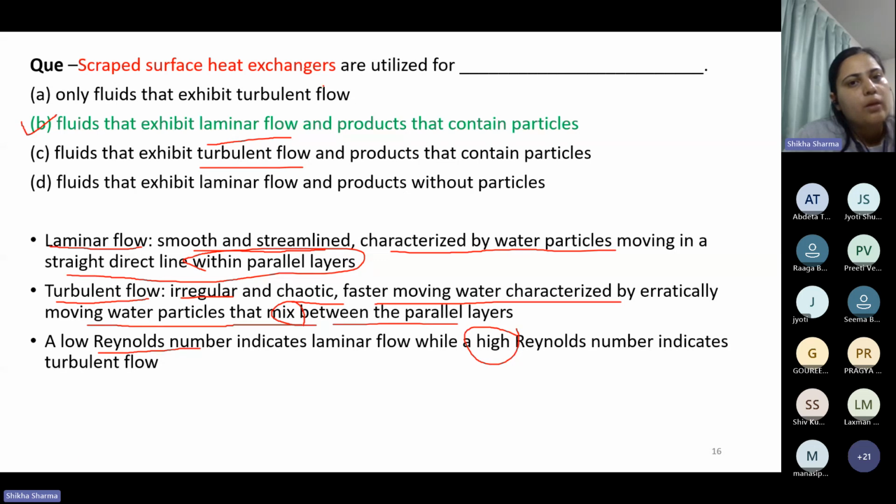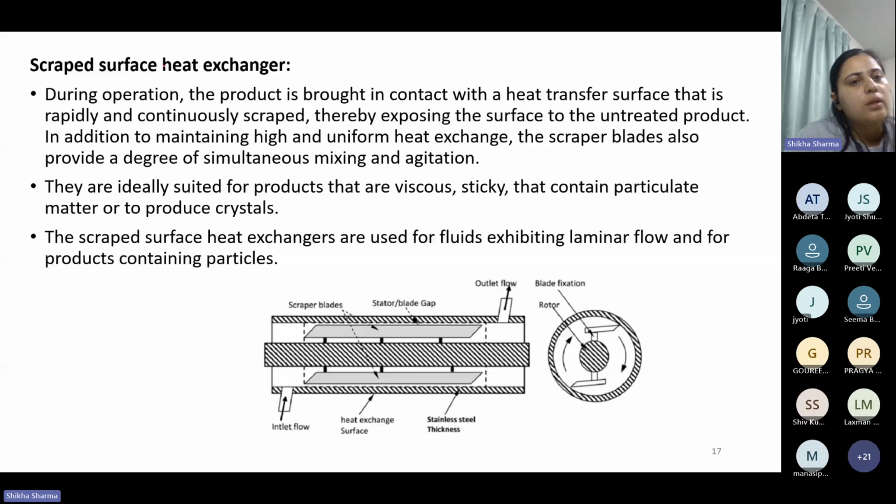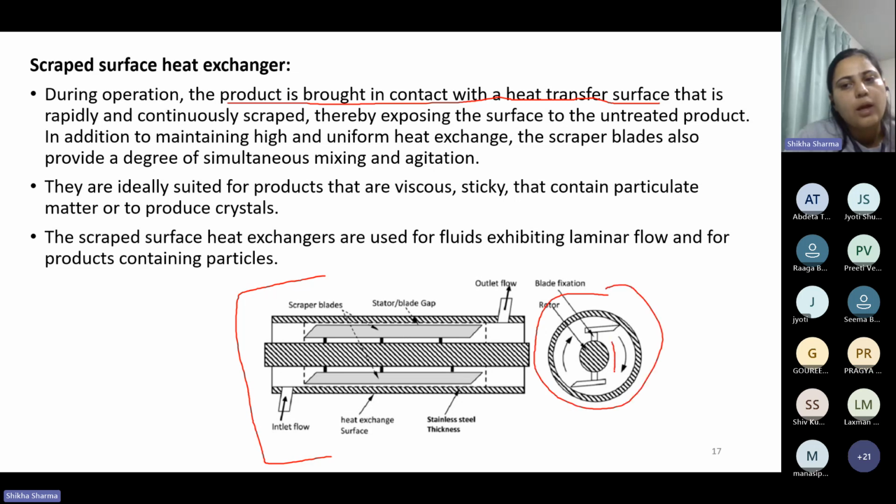Now our question is on the scraped surface heat exchanger. So what happens in the scraped surface heat exchanger? It looks like this. When we operate it, the product is brought in contact with the heat transfer surface like this. Here is our product and these are the scrapers or the blades, and this part is the heat exchange surface.